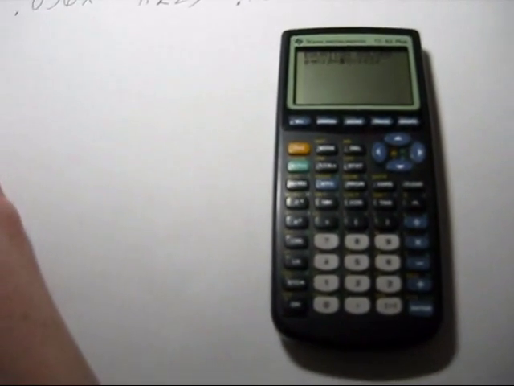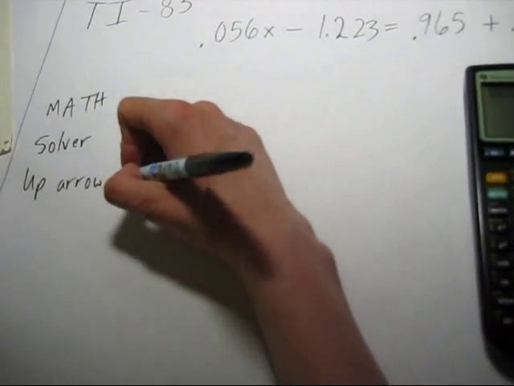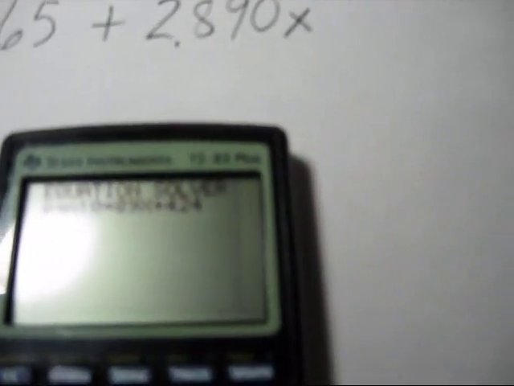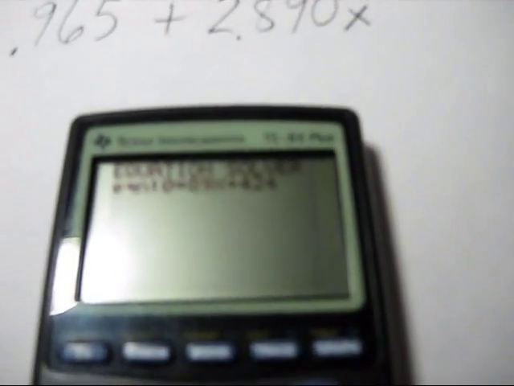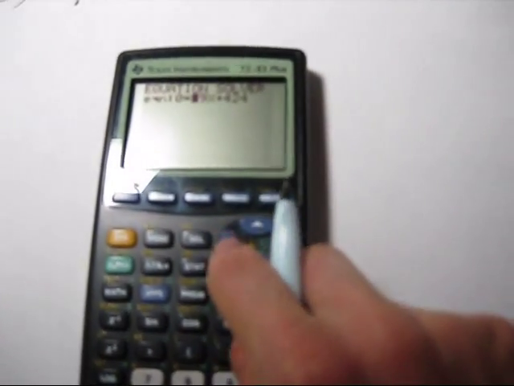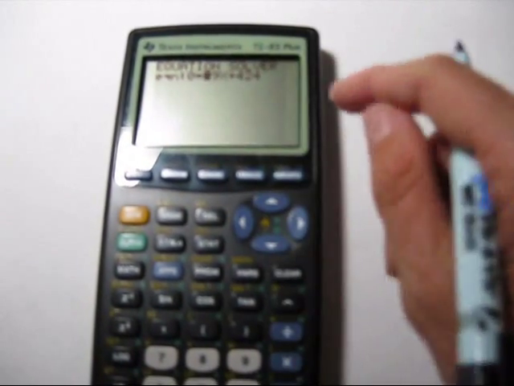We want to up arrow to the equation. That's where you enter the equation. Notice that I cannot arrow to the left side. It's just 0 equals.